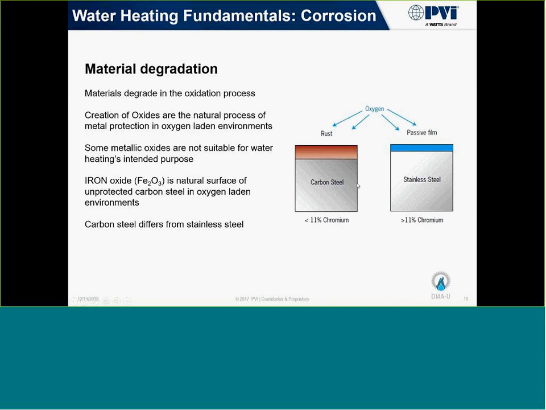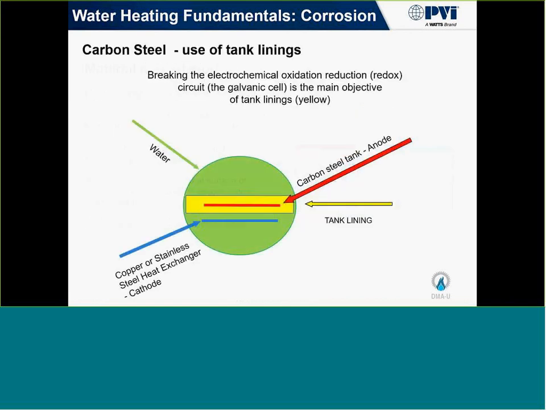In traditional water heaters that are made of carbon steel, they're going to line those systems. That's also true with stainless, but to a lesser degree. We don't have a traditional lining. Basically, in order to protect that anode, which is going to be the carbon steel tank, they surround it with a tank lining.